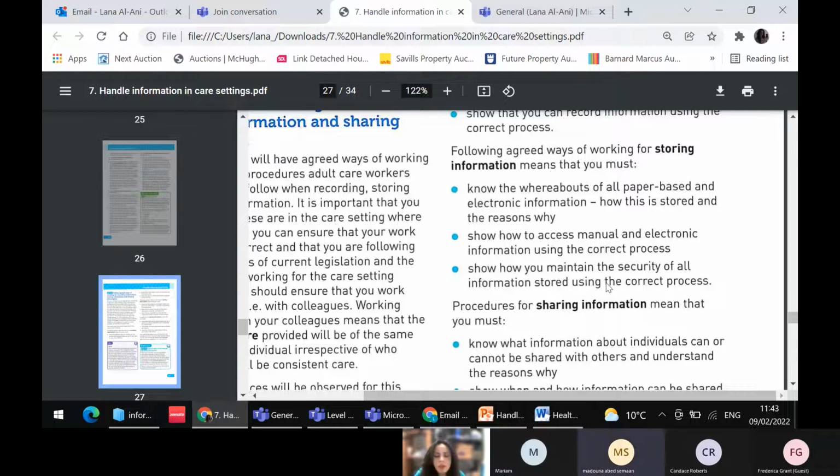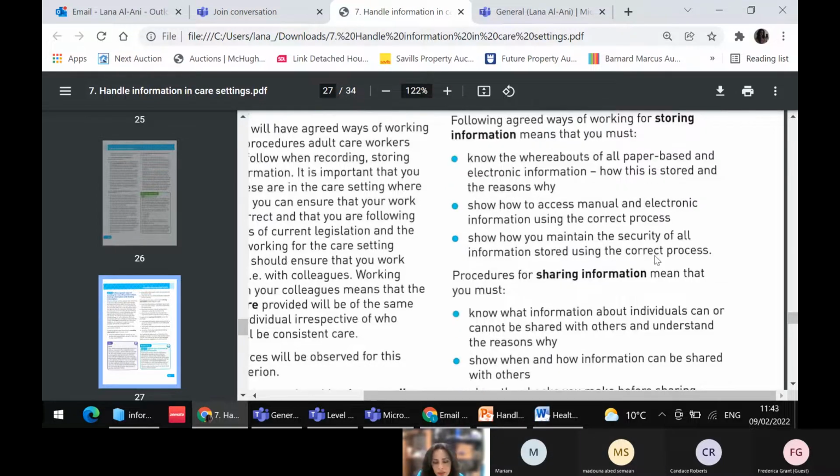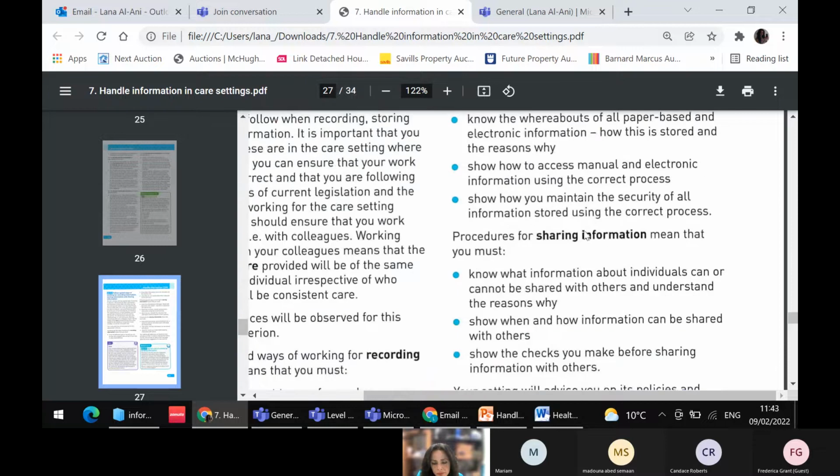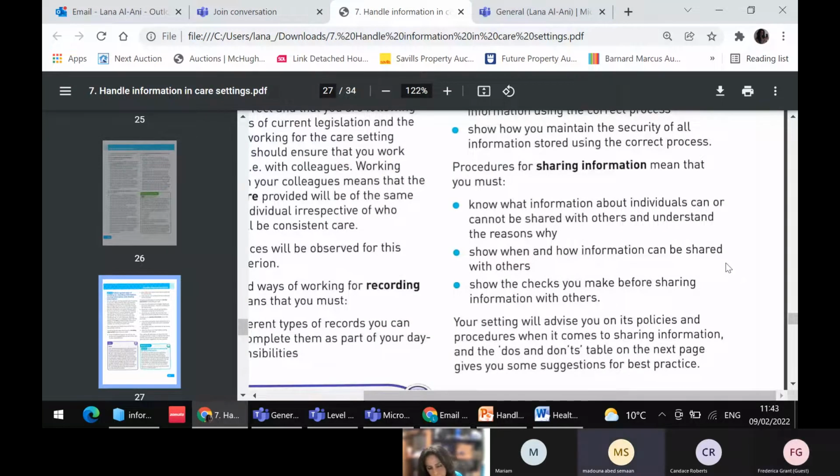So about sharing the information, how would you share it? I want to make sure the people I share it with understand the reason why I'm sharing this information.